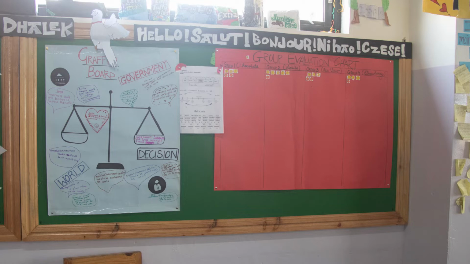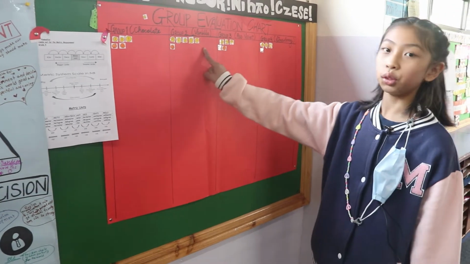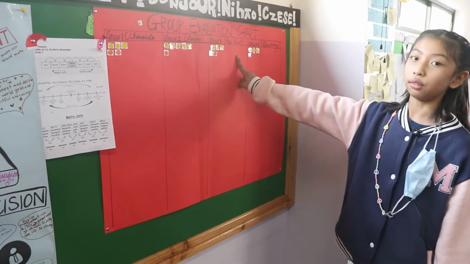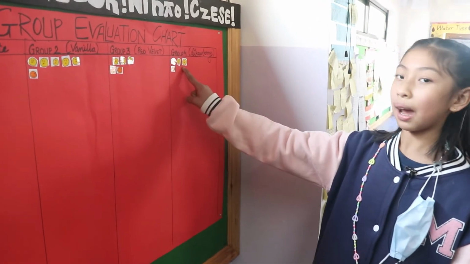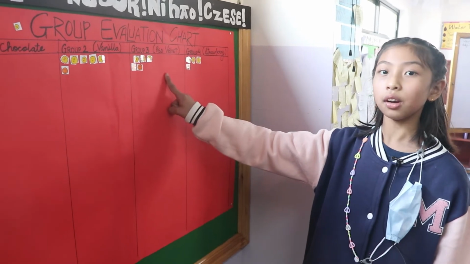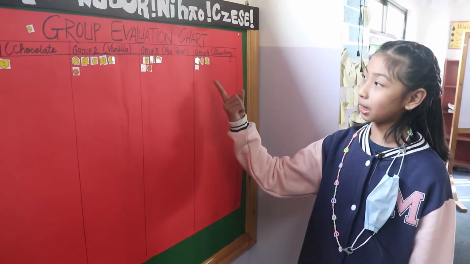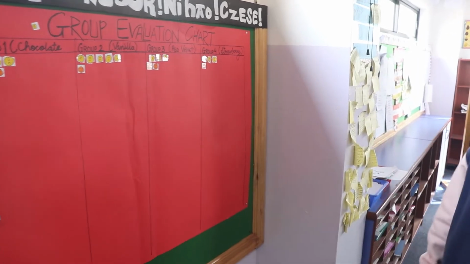There is now a group evaluation chart. The group evaluation charts are Group 1, chocolate, Group 2, vanilla, Group 3, red velvet and Group 4, strawberry. We have some smiley faces and sad faces. It contains our behavior and our activities, how well we have done, just like the star chart.